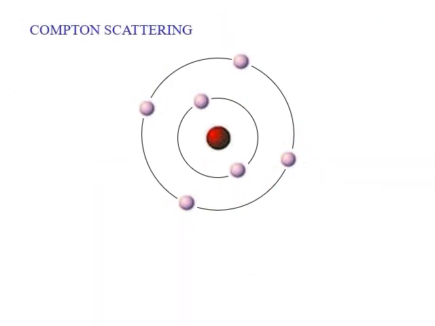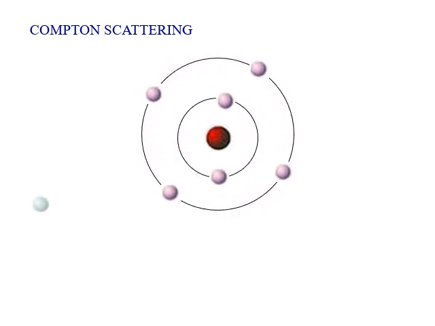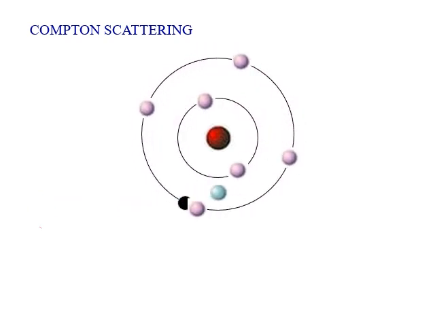Okay, next for the Compton scattering. So we have here the incident photon. We have here the atom. So as you can see, there is a removal of the outer shell electron.